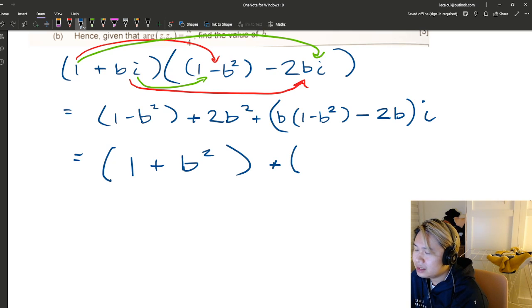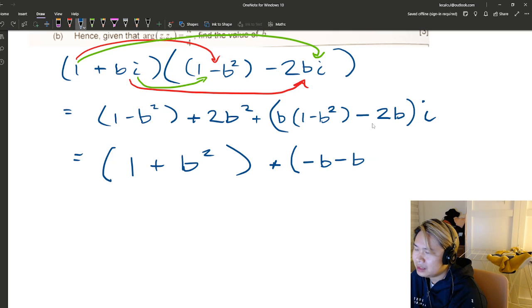Okay, what is this? This is going to be b, what? Hold on. Multiply the b in so you have b minus 2b. Okay. So this is negative b minus b squared.